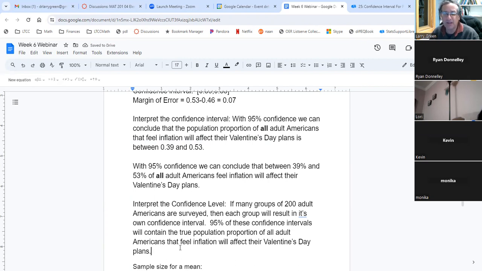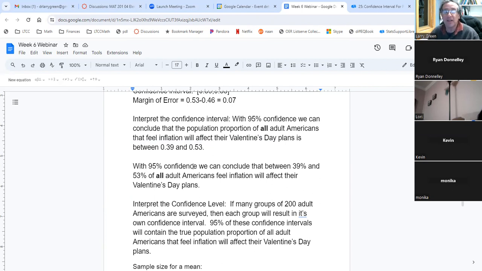Any questions at all on this confidence interval? Notice the first part is interpret the confidence interval. The second is interpret the confidence level. So make sure you answer the question right. Read the question, okay? Interval is not the same thing as level.